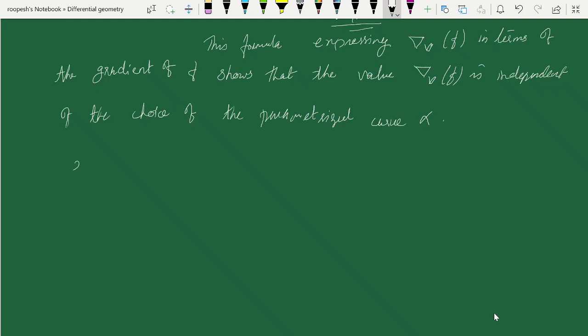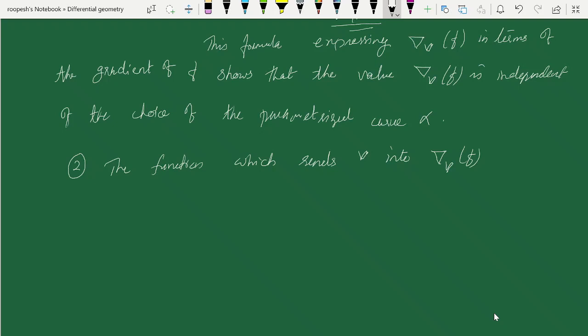Next remark is remark 2. The function which sends v into del v of f: whenever we are given a vector, we can map that vector to del v of f.